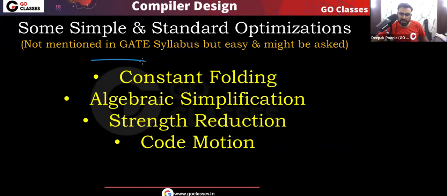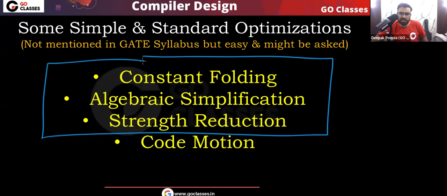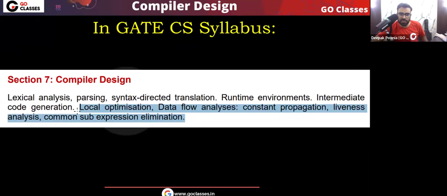In our syllabus we have local optimization, but they did not mention which local optimizations they can ask. That is the reason I'm going to teach you the standard local optimizations given in standard books like Ullman. In the GATE exam, if they ask you some local optimization, then definitely they will ask from the Ullman book.